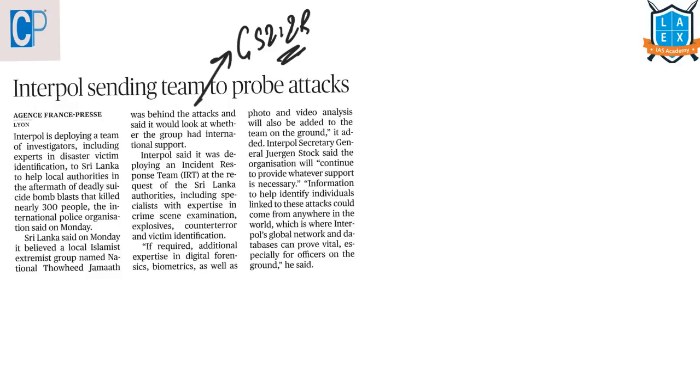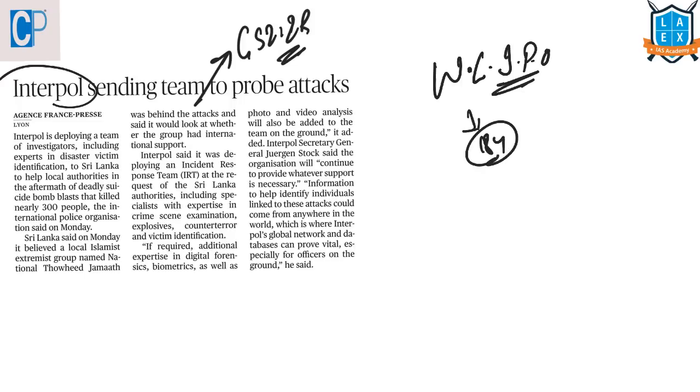Now, from the prelims point of view, let us see about this Interpol. What is this Interpol? Interpol is the world's largest international police organization with 184 member countries.